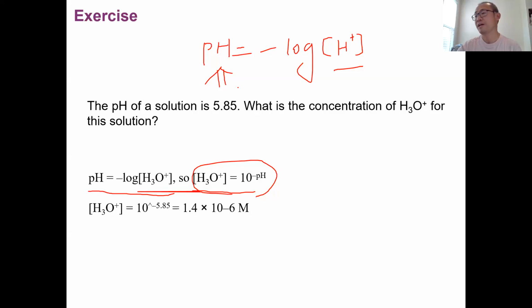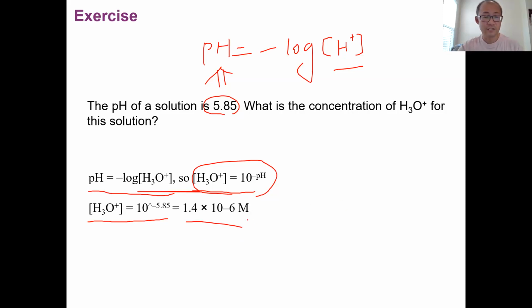So if we have a pH of 5.85, we know it's acidic, right? Then if they ask you for the proton concentration, it equals 10 to the negative 5.85. Of course, you have to convert that in your calculator to scientific notation. 10 to the power of negative 5.85 in your calculator equals 1.4 times 10 to the negative 6.